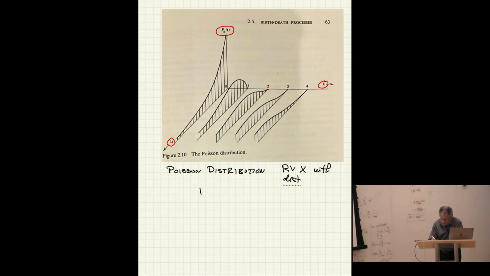The probability that a random variable takes on the value k is simply lambda to the k over k factorial e to the minus lambda. That's the Poisson distribution for all k. Namely, at a given t, this is how the number distributes.